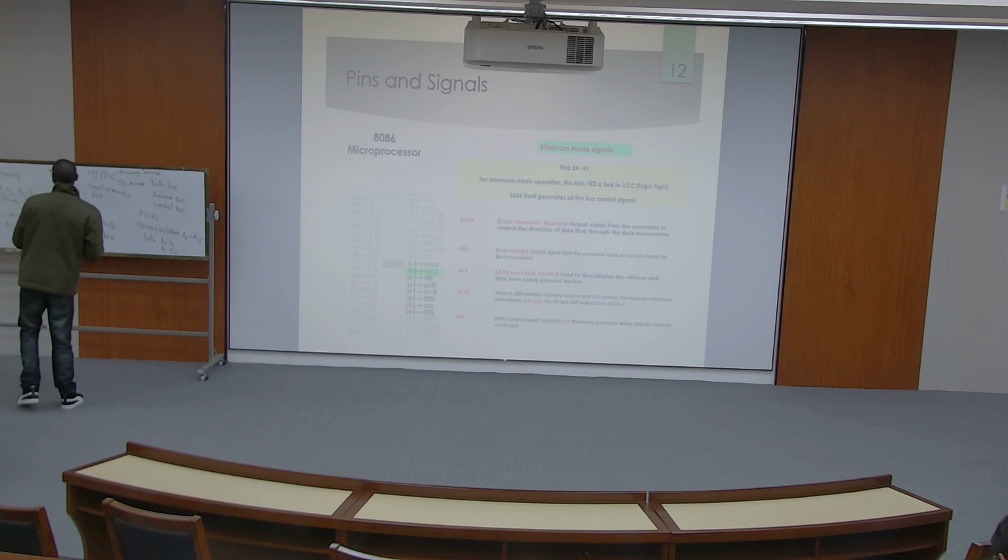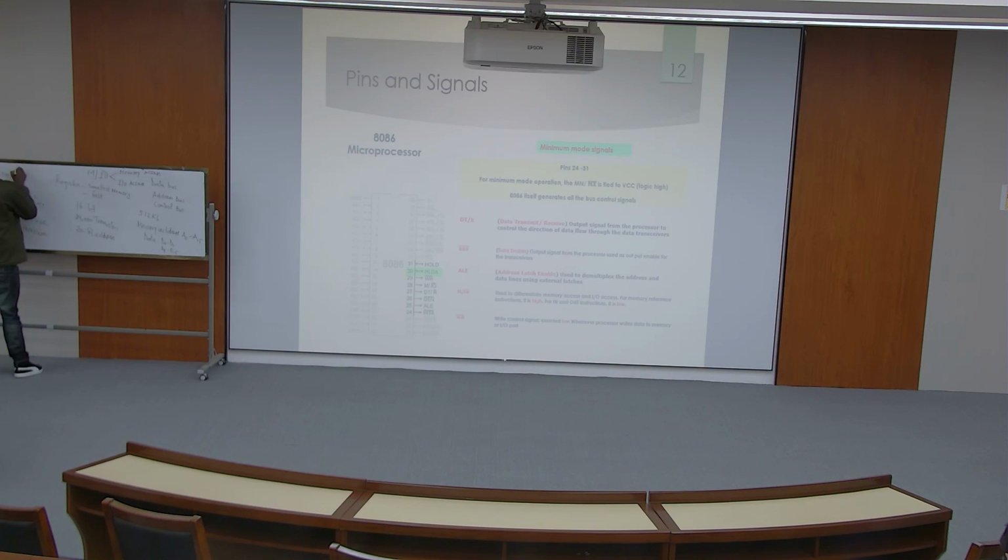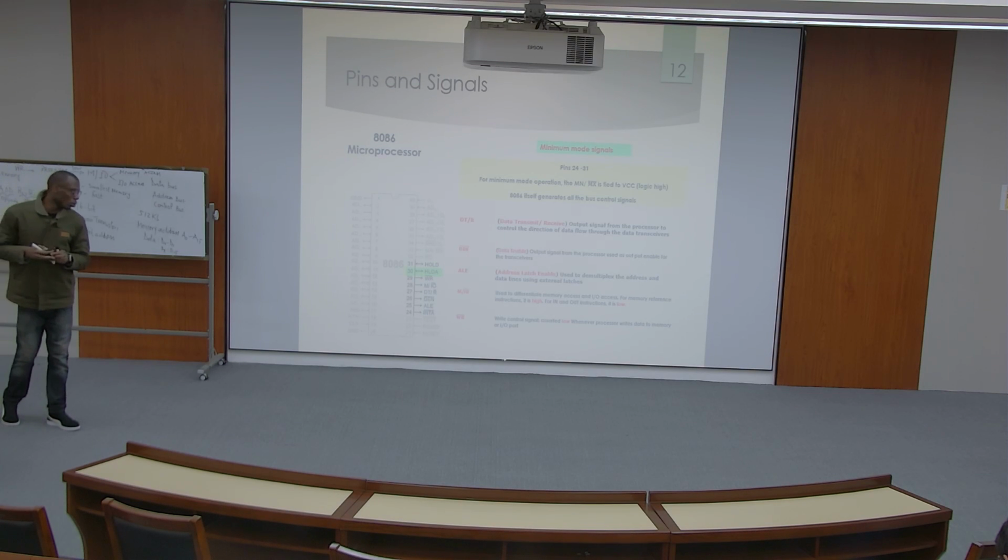Now, writing data to the memory, our pin number 29, write, is used as the write control signal, and it is asserted low when the processor writes data to the memory. So our pin number 29, write, is going to be asserted low.